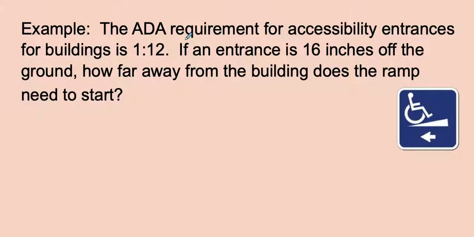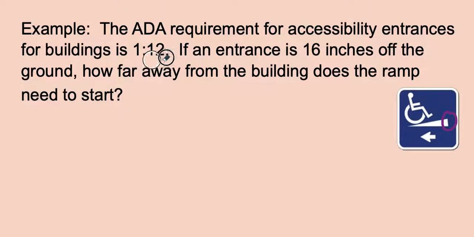So let's look at some examples. All right, so the ADA, or the American Disabilities Association, requirement for accessibility, in other words, where you put ramps so people in wheelchairs can get up and down out of the entries. The requirement for those ramps for buildings is 1 to 12. In other words, if a ramp is, oh, I'm sorry, I said that the wrong way around.